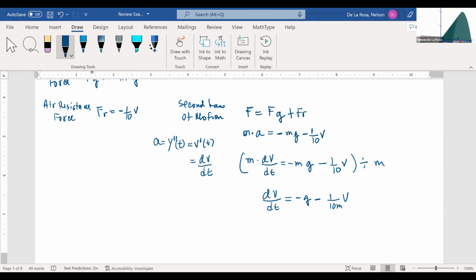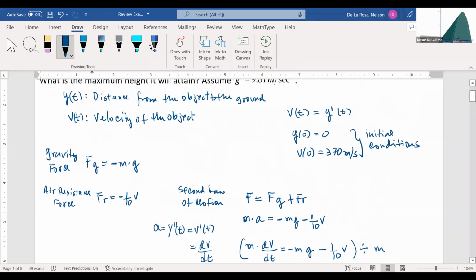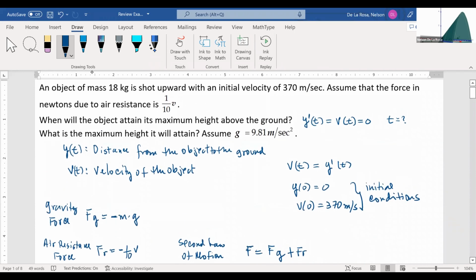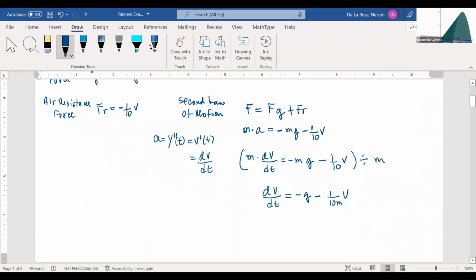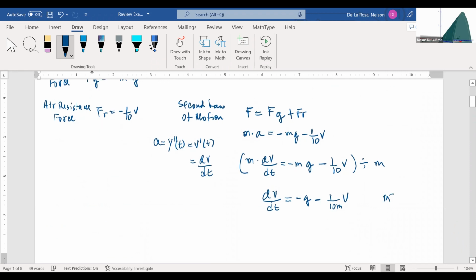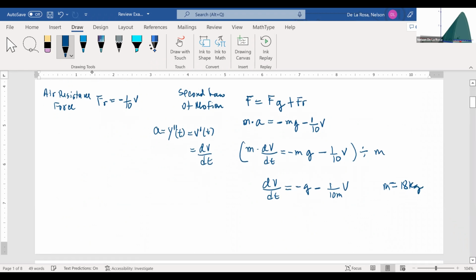And then recall that m, according to the problem, is 18 kilograms. So we have dv dt equals -g minus 1/180 v.